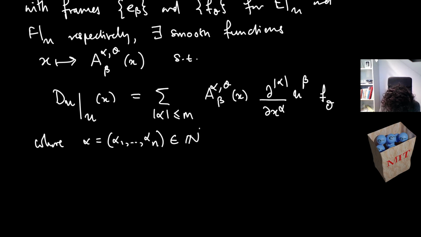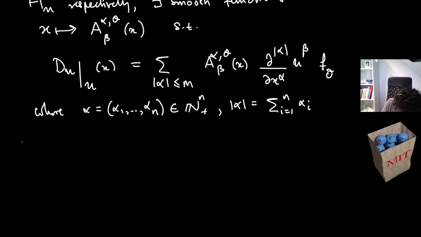And then the modulus alpha here I'm just writing as the sum. Okay. So this is just really formalizing what we expect a differential operator to be on a vector bundle. Okay, so there's nothing really magical happening here.